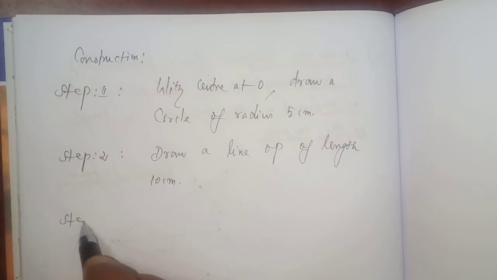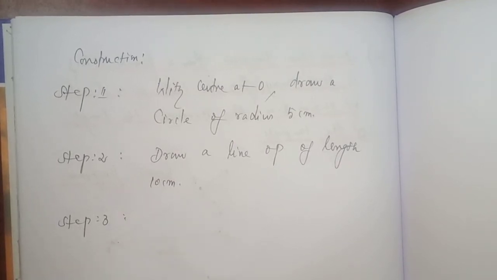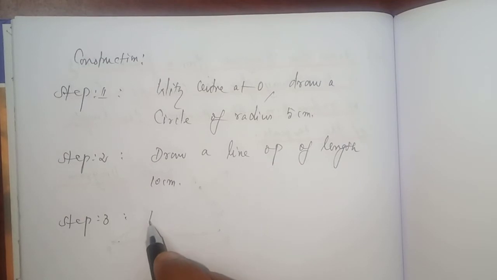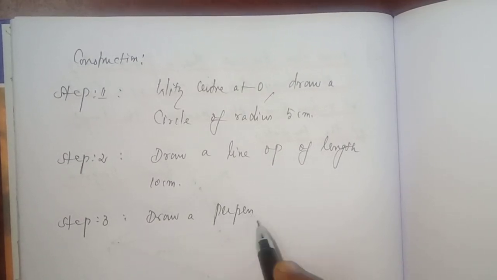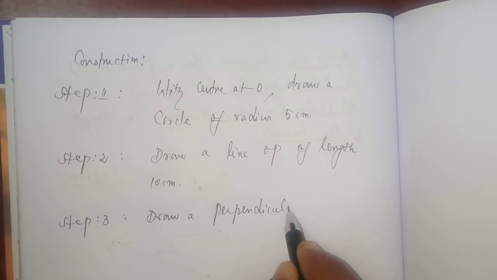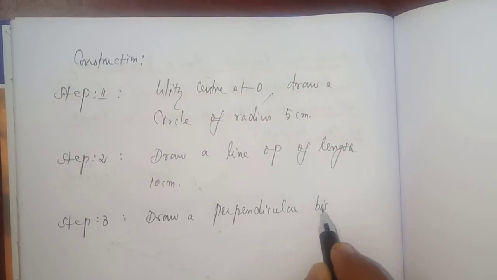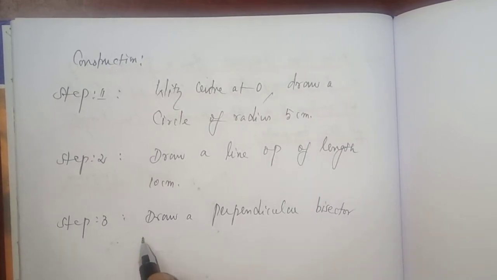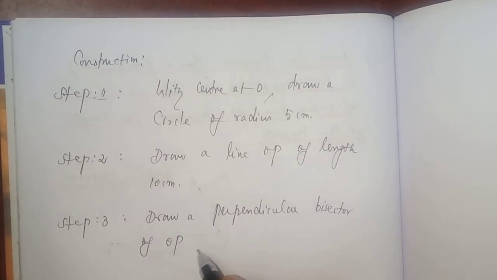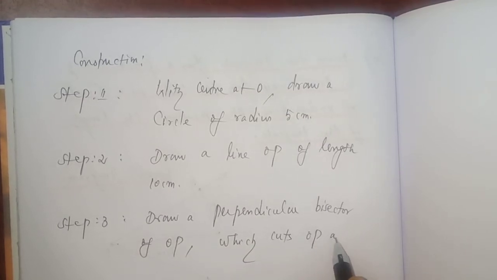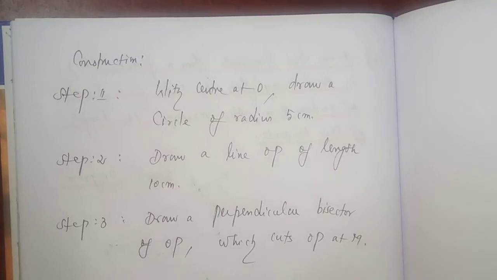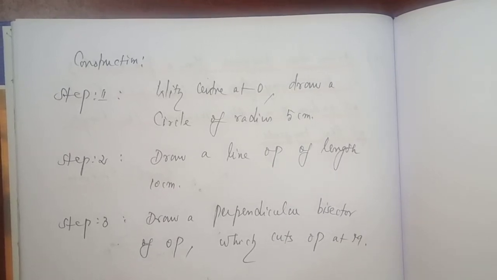Now step number 3. Draw a perpendicular bisector of OP which cuts OP at M. Step number 4.